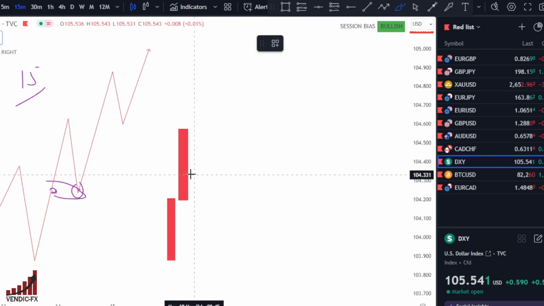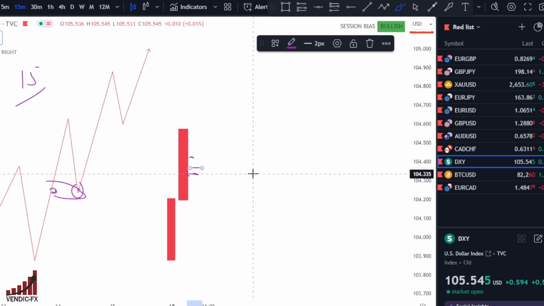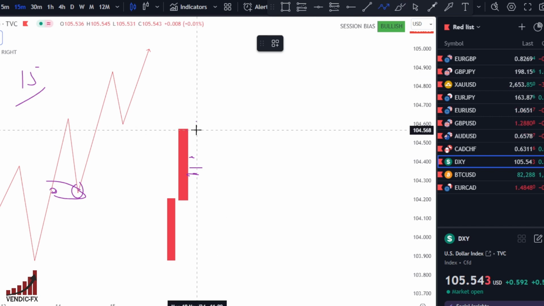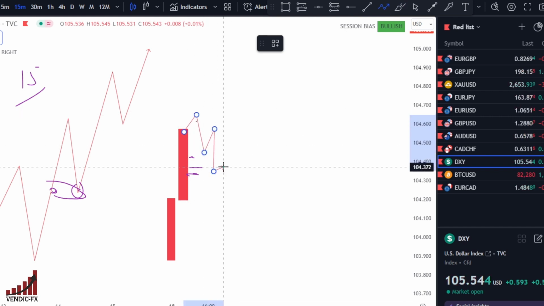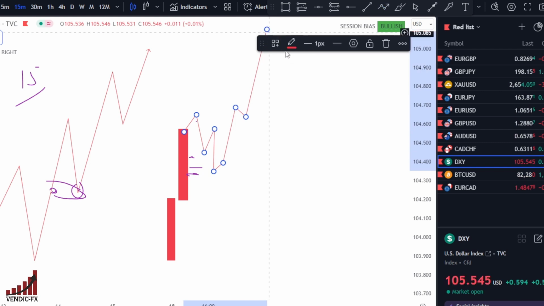The liquidity might be somewhere here, you can never tell. Wherever that last liquidity is, when the market opens it will tend to drop down in a lower time frame and catch up with that liquidity before you start heading upward. That's definitely what the market will do.